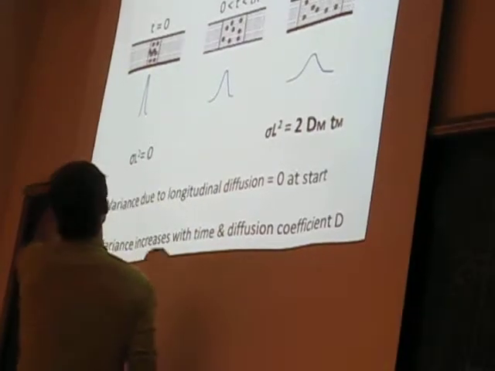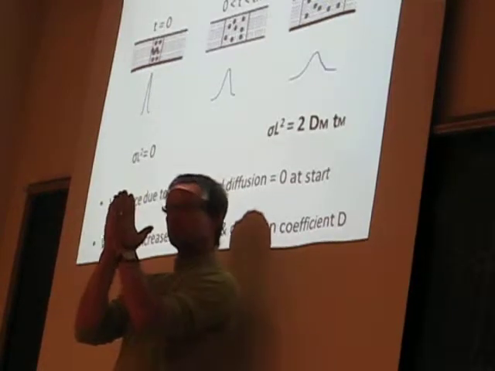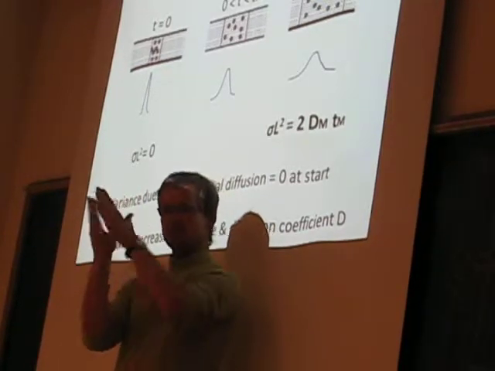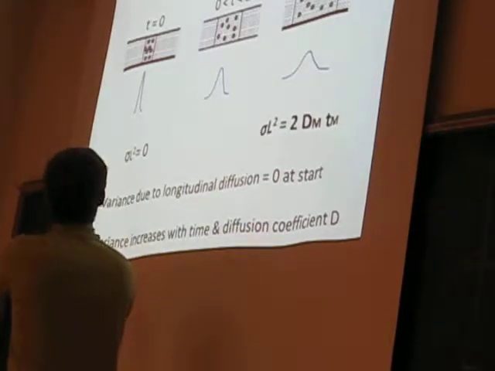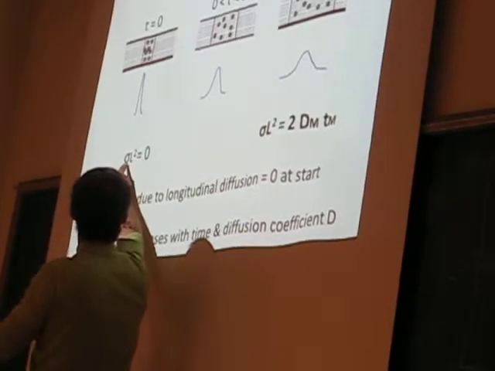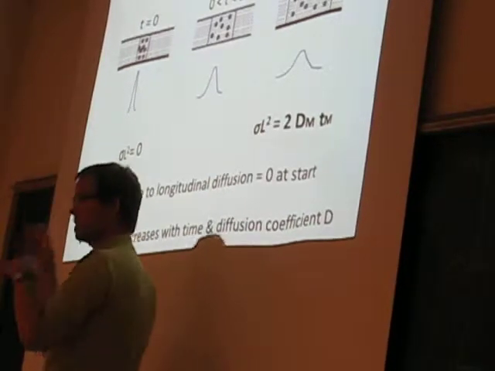At time 0, when I load my sample onto a column, all the analyte molecules are as close together as they can be, because I've loaded a discrete sample. At that point in time, the variance, meaning how spread apart those molecules are, is 0, right?